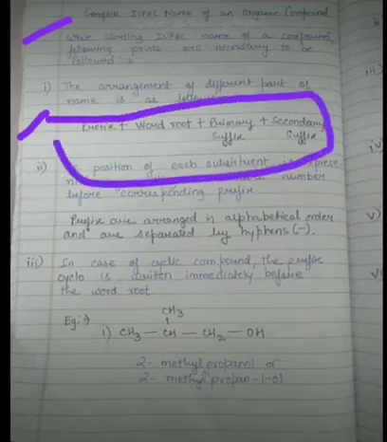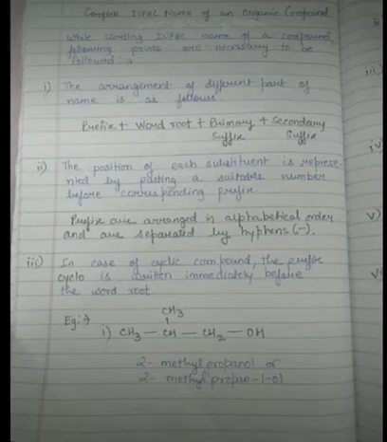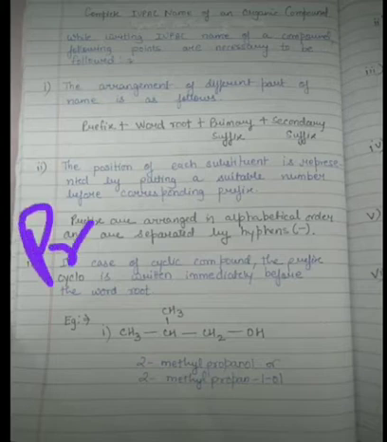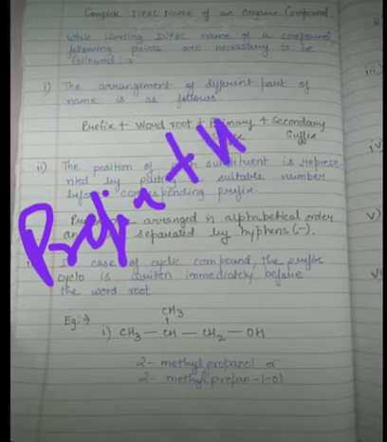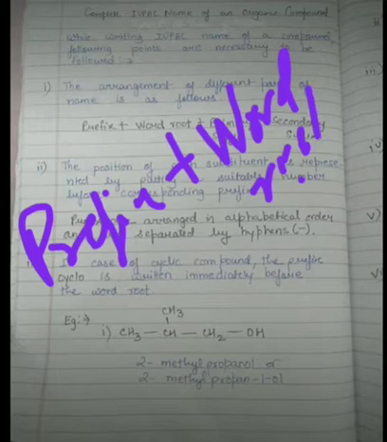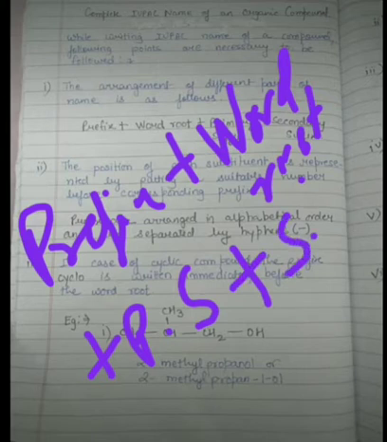This arrangement you can see here: firstly you will write the prefix, then the word root, after the word root you will write the primary suffix, and after the primary suffix you will write the secondary suffix.